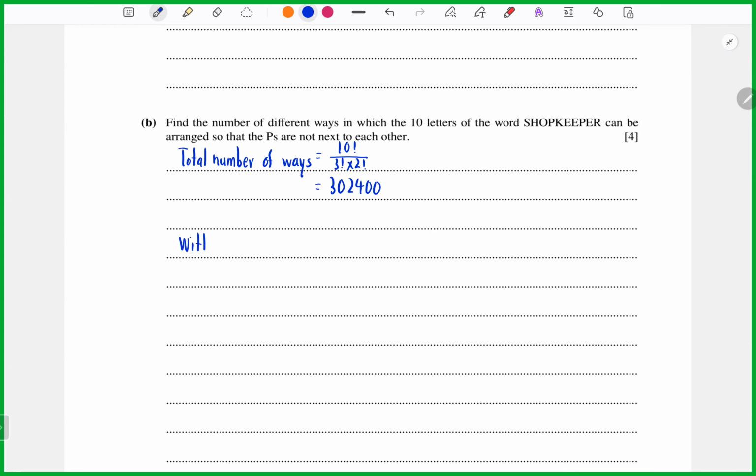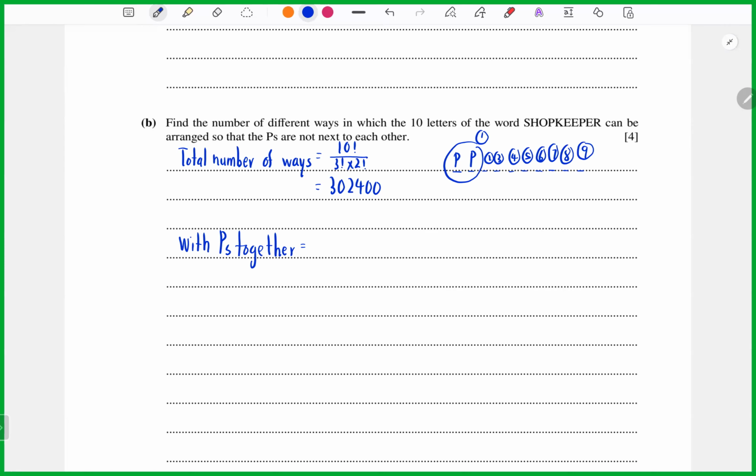And then now you try to find with P as together. When P is together, let's see. 1, 2, 3, 4, 5, 6, 7, 8, 9, 10. Consider one position. 2, 3, 4, 5, 6, 7, 8, 9.